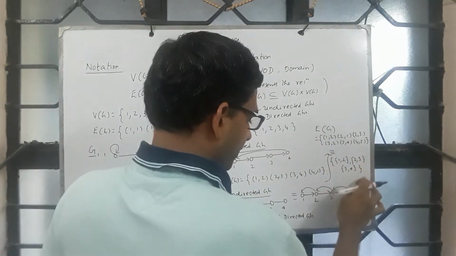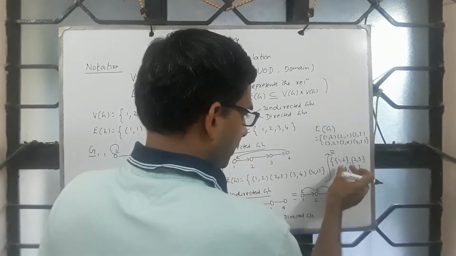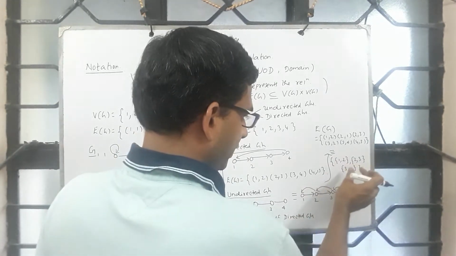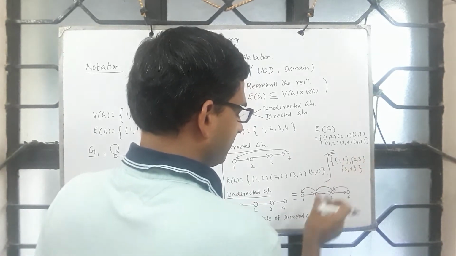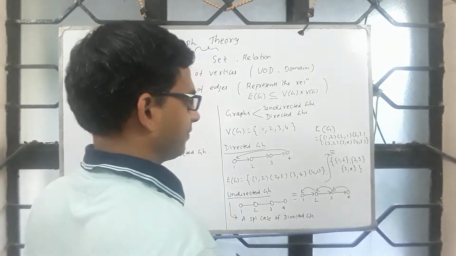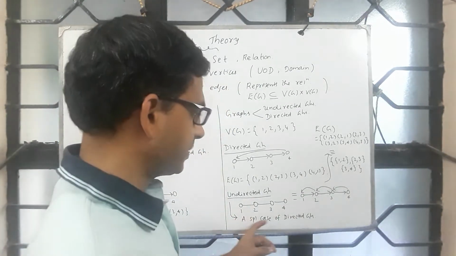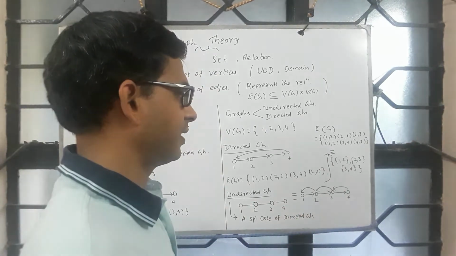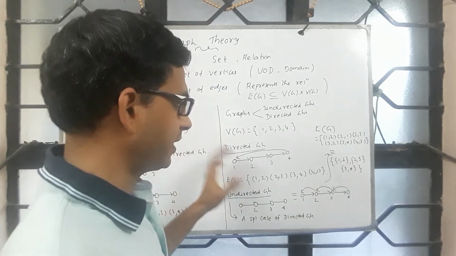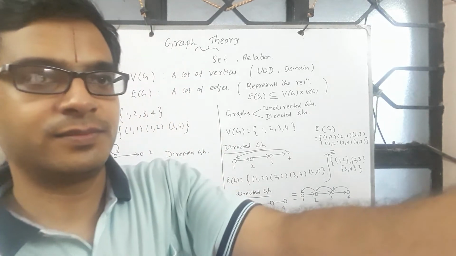If the relation uses set notation like {1,2}, {2,3}, {3,4}, the underlying graph is an undirected graph. And remember, an undirected graph is a special case of a directed graph. We shall see a couple more examples and some interesting properties about directed and undirected graphs.